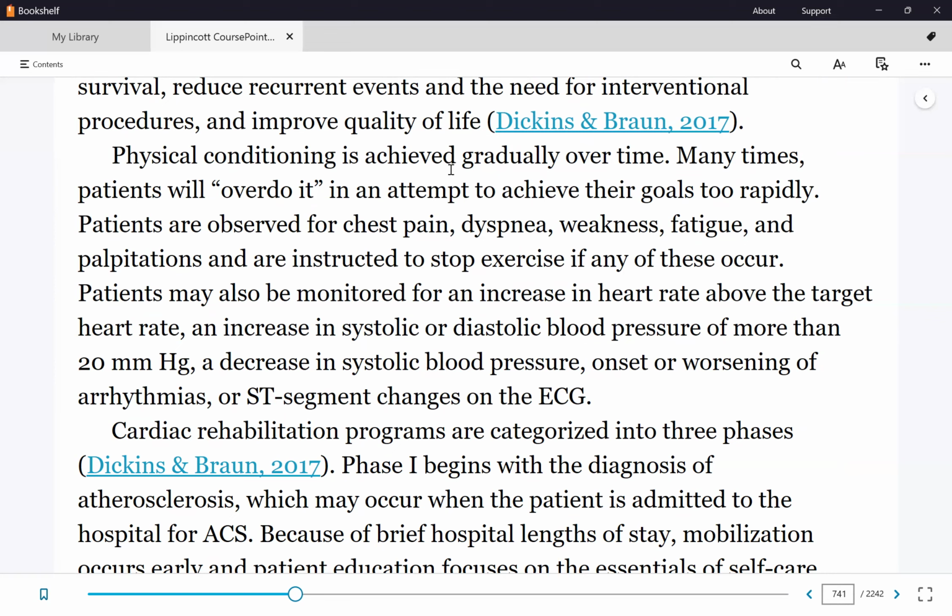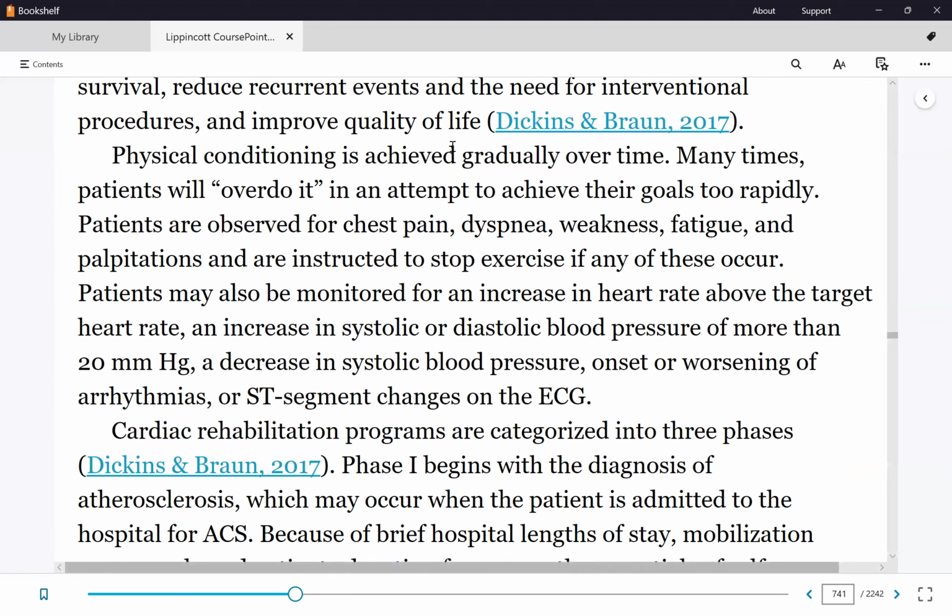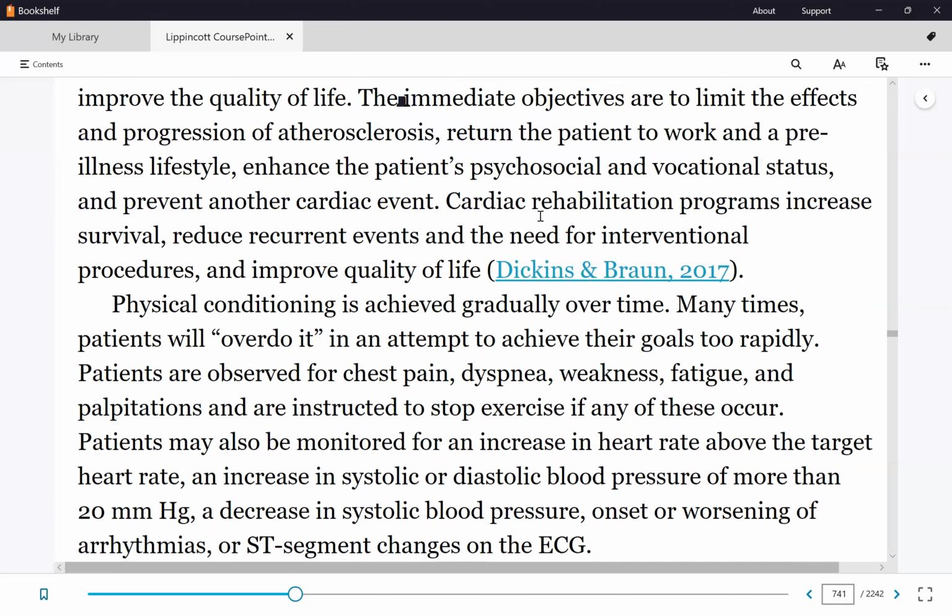If they can climb 2 flights of stairs without shortness of breath, then they can handle sexual activity. That's a frequent question for patients: when can I resume? If not the patient, it's the partner. Male or female, same thing.